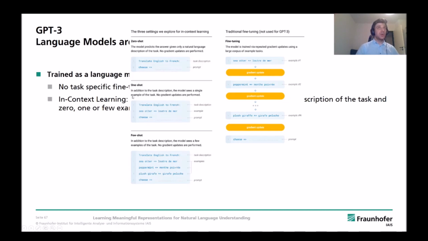All of this during inference with no gradient updates. Please keep that in mind. The last is few-shot, where they provide multiple examples. And this is very different from showing the model an example, updating the gradients and the parameters, showing another example, updating gradients, and so on, and then in the end asking it a question. They're not doing these gradient updates.